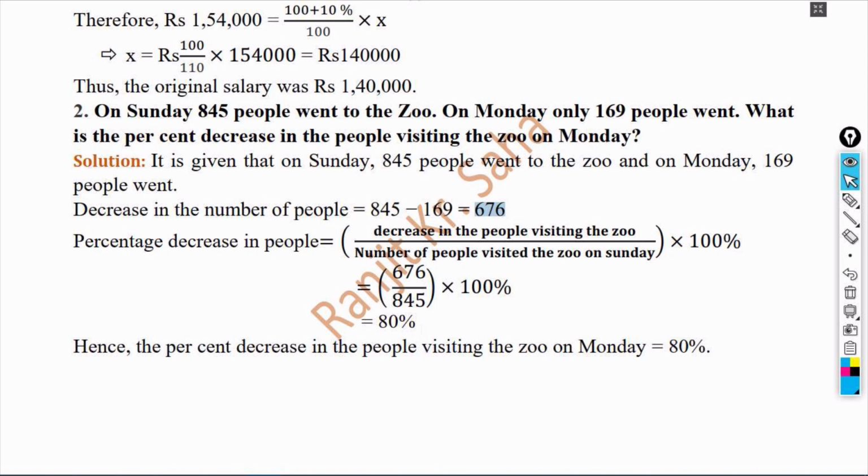Hence the percent decrease in the people visiting the zoo on Monday is equal to 80%.